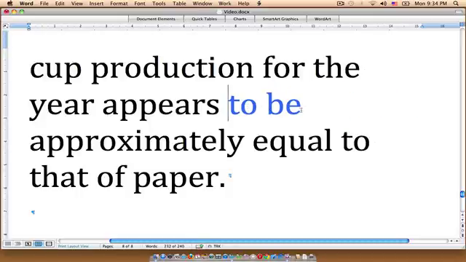So the word almost, we cannot couple this with approximately, because approximately is not a definite value. We can't say something is almost not definite. The word almost means close to, and then after that you'd have to say a definite value. So we can say it's almost 1 million. 1 million is a definite value. But we can't say it's almost approximately, because approximately is not a definite value. So the answer would be "to be," approximately equal to that of paper.